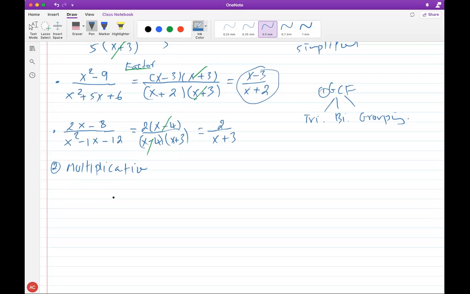Before we do an actual one with rational expressions, let's try multiplying just some regular fractions.